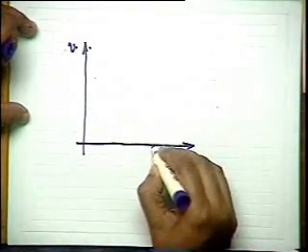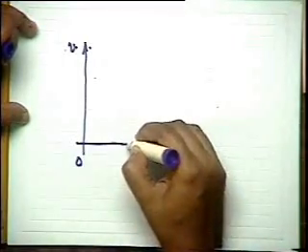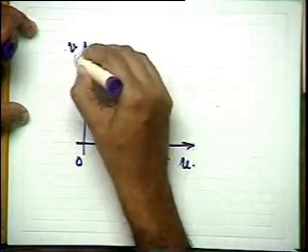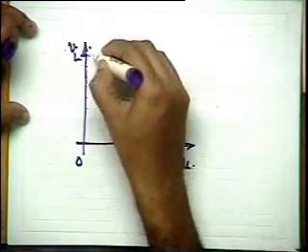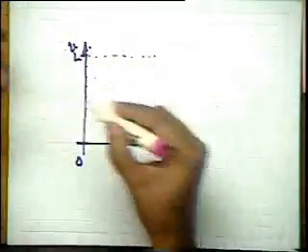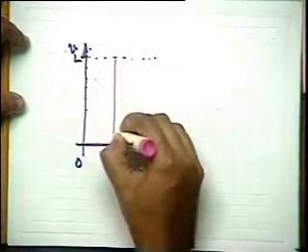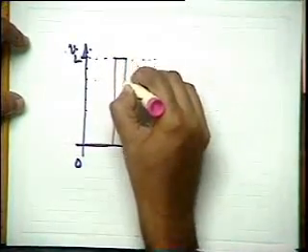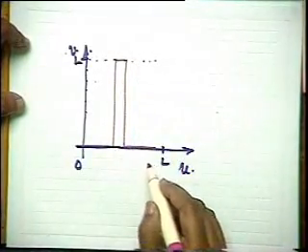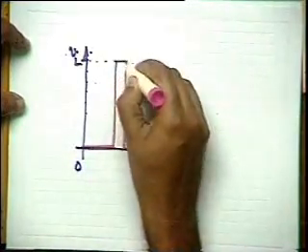Again I assume this to be 0 to L, and this to be L. Now what I am doing is making the transfer function of this nature.